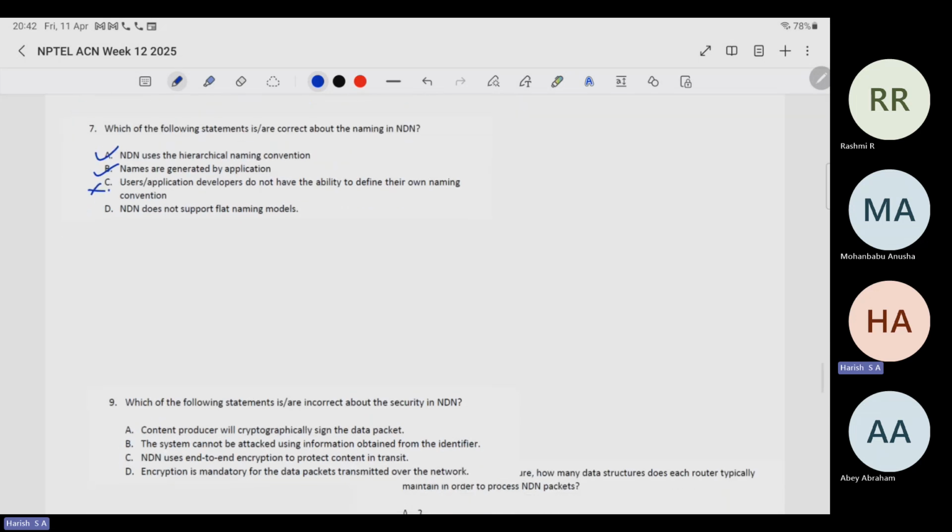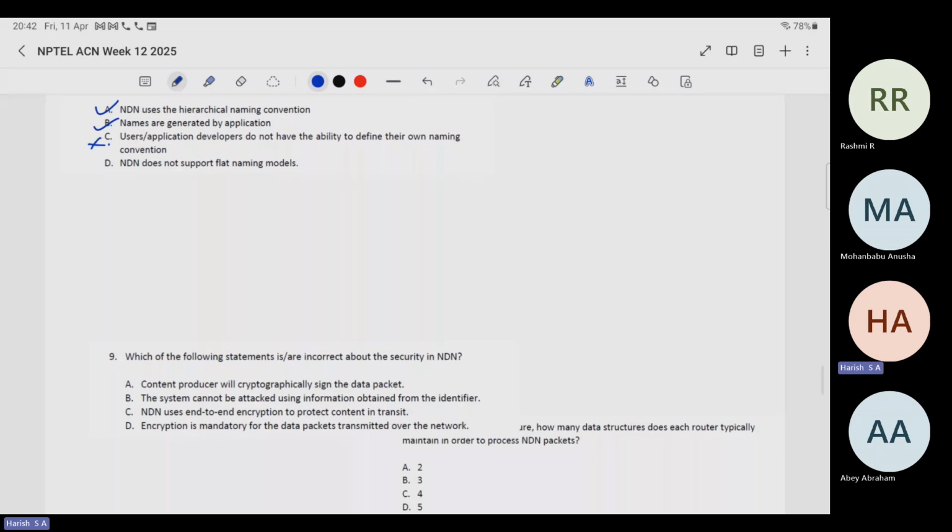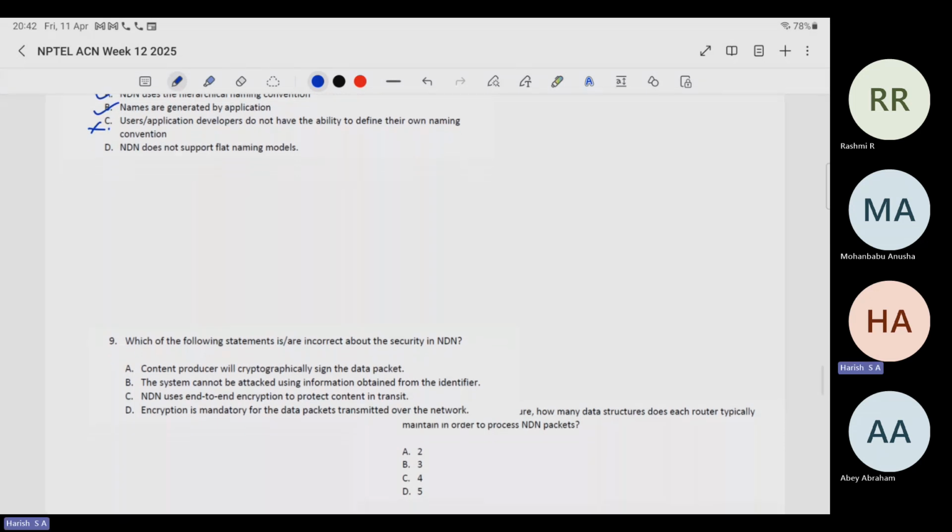As long as it follows certain rules dictated by NDN. And then D: although NDN primarily uses hierarchical naming, it does not explicitly exclude schemes for a specific application.